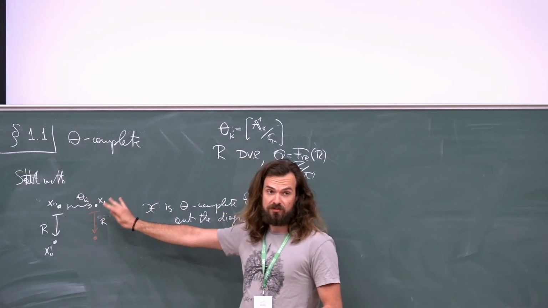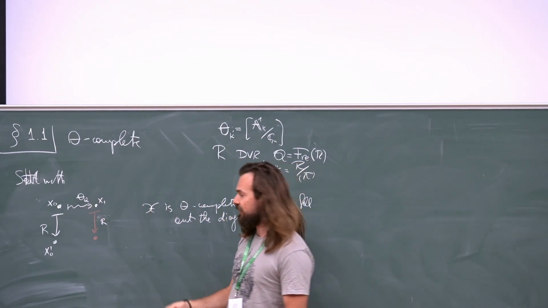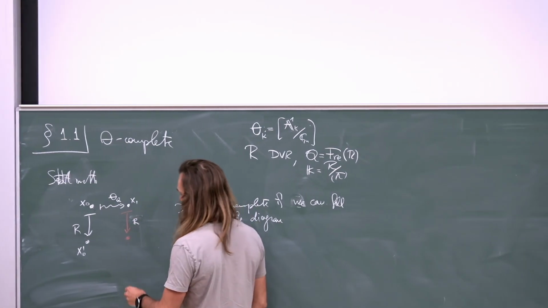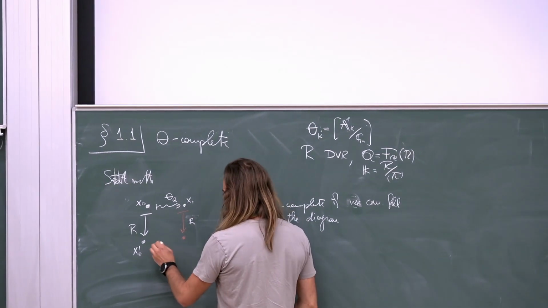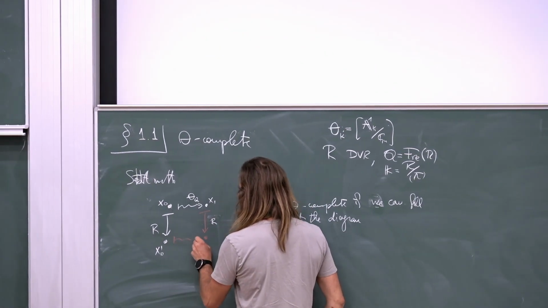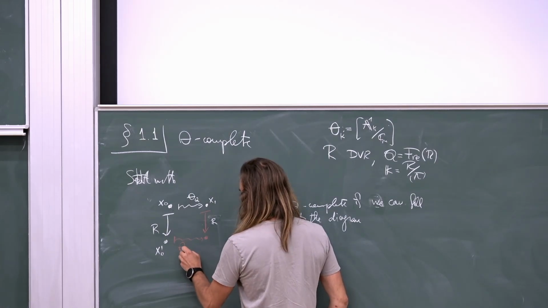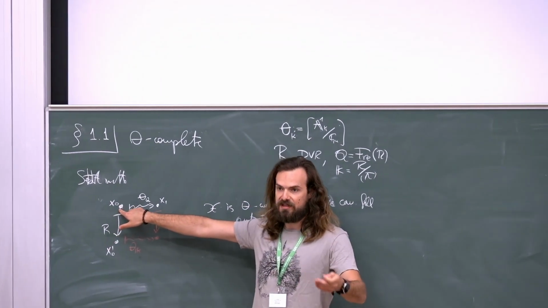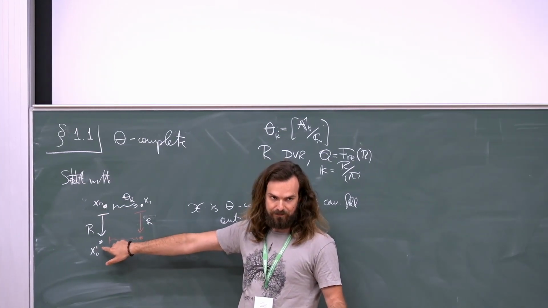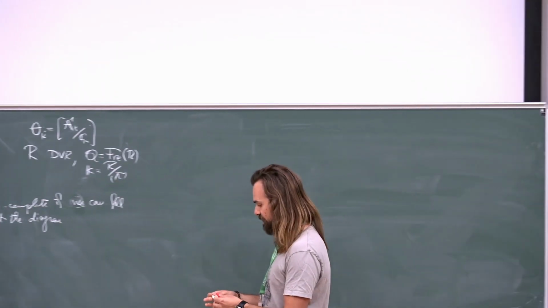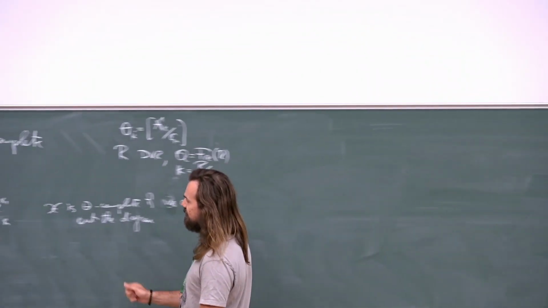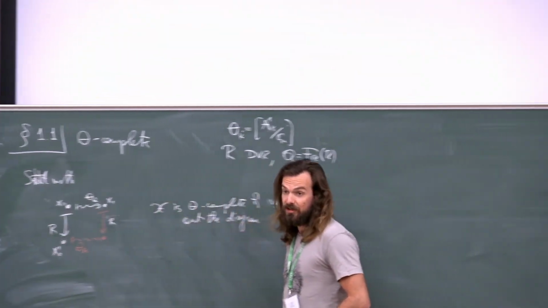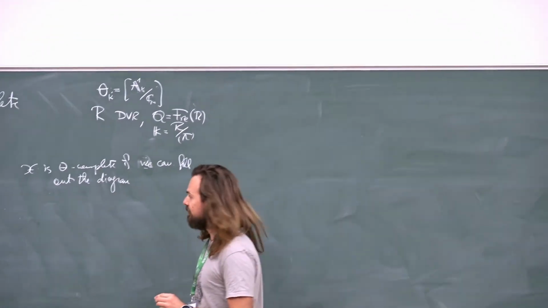It's not enough to say this is theta complete, but for the sake of this talk, I want you to understand the topological view. And you also want to find a theta map from K, where K is the residue field. Of course, because this is R, this will live over Spec Q, this will live over Spec K. And being theta complete essentially means that for every such white diagram, you can fill it out with a red diagram, roughly.